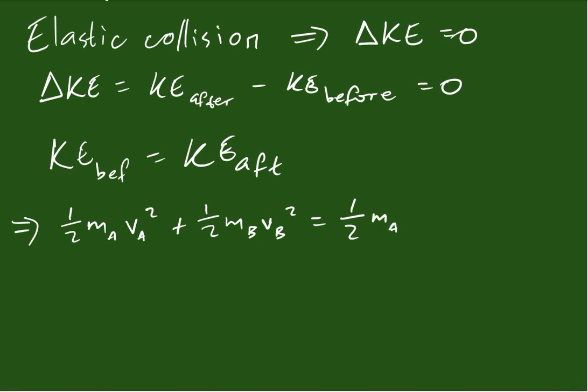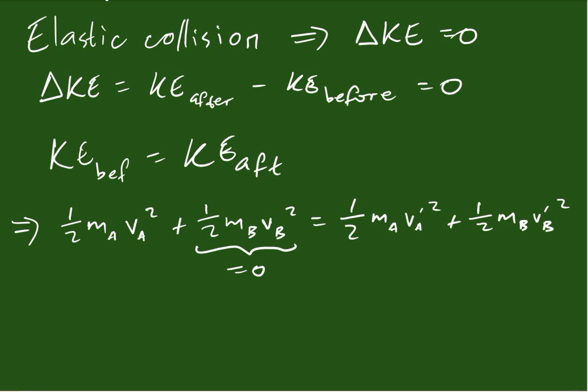The mass doesn't change. And then velocity subscript A, but we'll put a prime, that little apostrophe, squared, plus a half mB vB prime squared. So this we know is 0 because it's at rest.